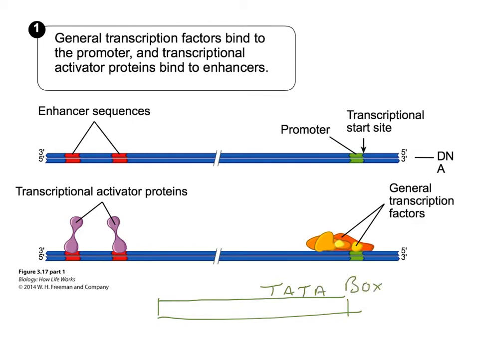All right, and what it is, it's a sequence, and if this is my 5' end and this is my 3' end, it looks very much like this often. So it would be TATA, TATA, or similar to that. Now, the promoter is a few hundred base pairs in size.